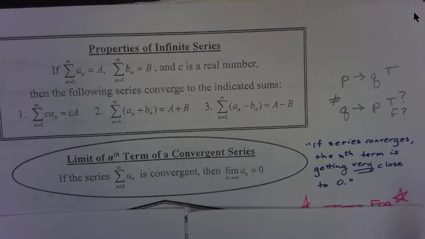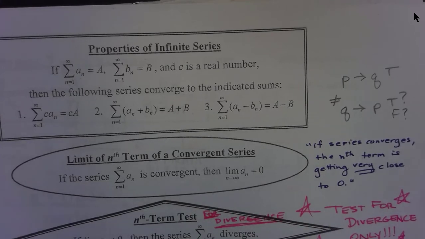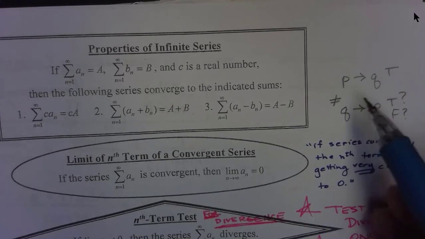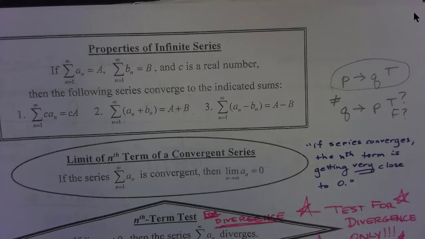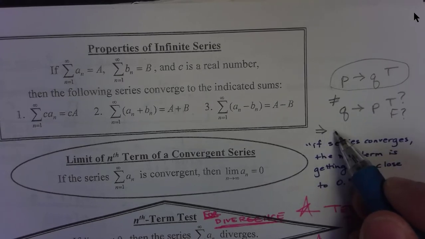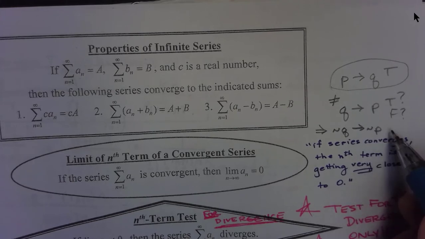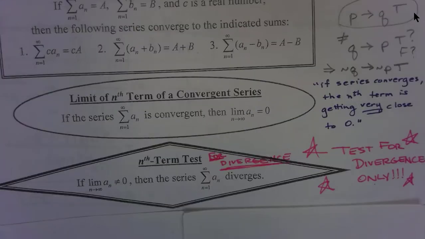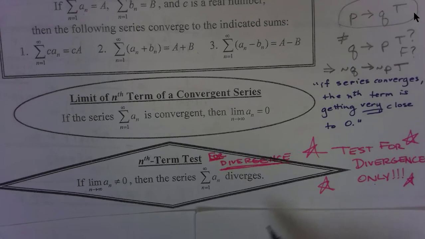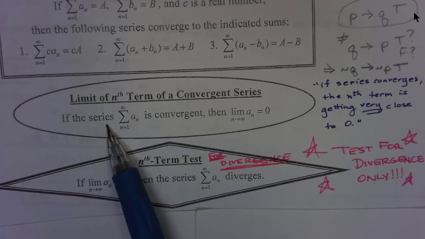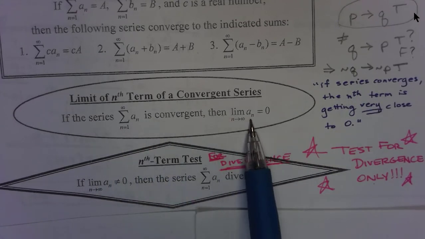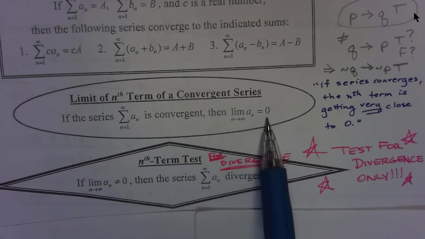Very important. Now, we have something called the contrapositive. If we know if P then Q is true, then we know if not Q, then not P is true. So let's look at this one. We know if a series converges, then its nth term, the limit is zero.